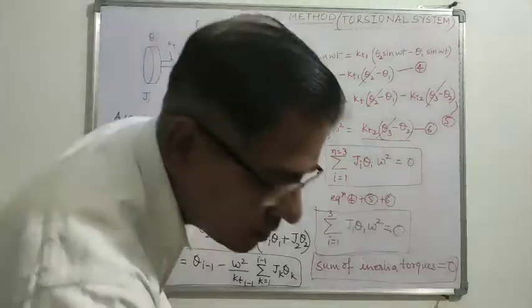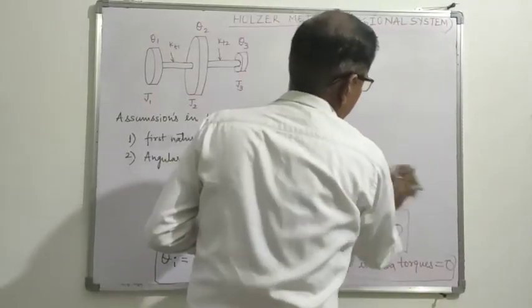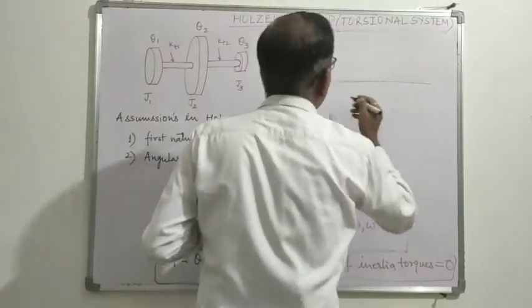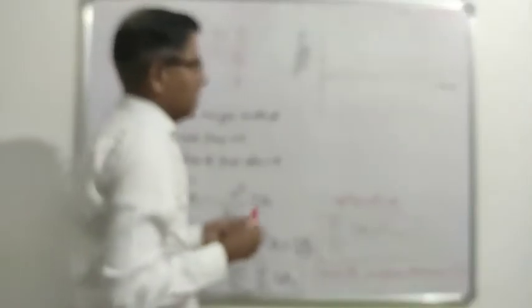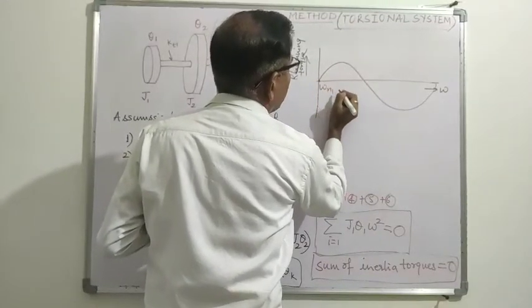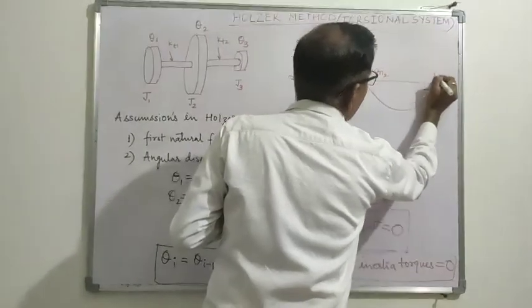Another thing in the Holzer method is that if you plot the remaining torque against omega, then this is omega n1, this is omega n2, and this is omega n3.